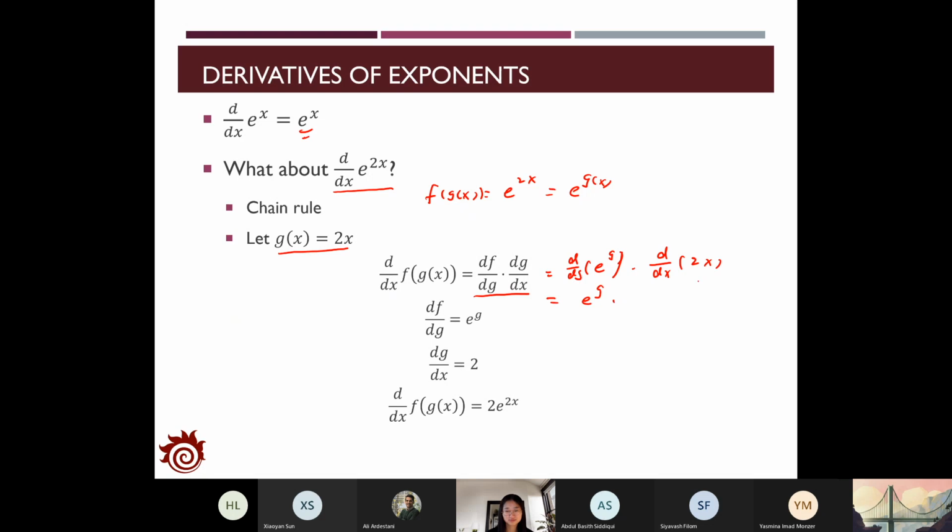For the second one, that is 2. So you get the result as 2 times the exponential of 2x. So that's the way for us to handle the derivative of the exponential function.